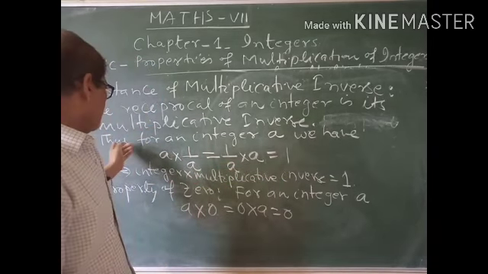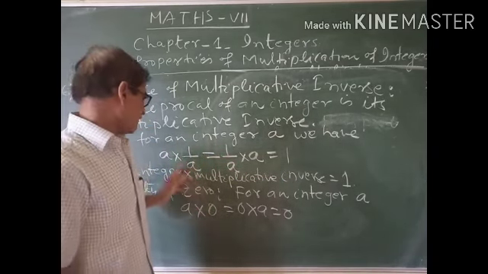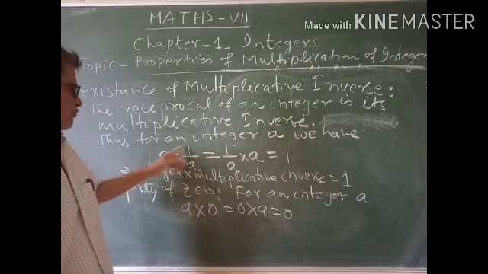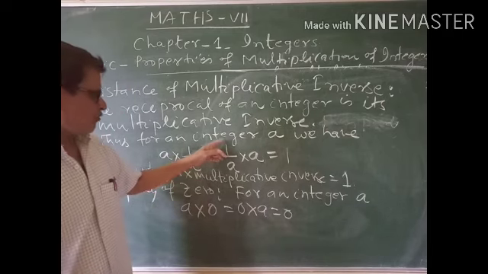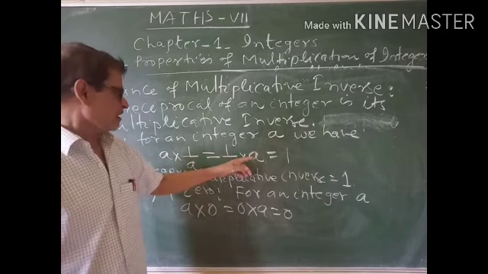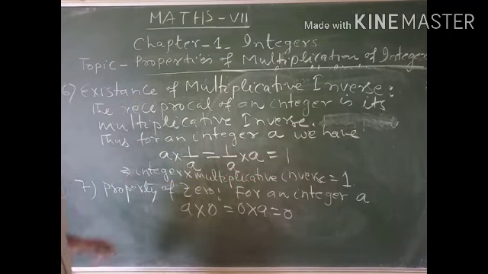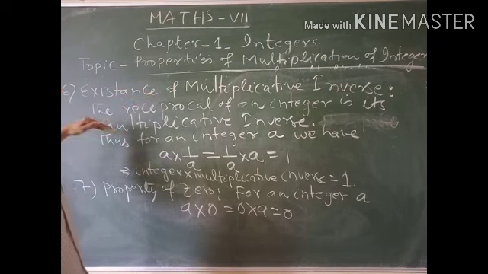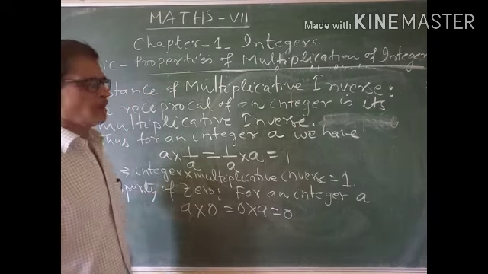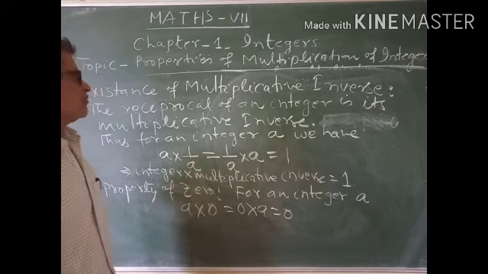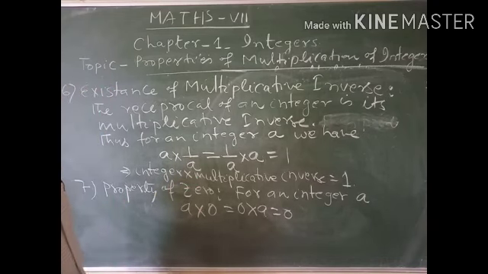Thus, for an integer a, we can write here a into 1 by a or 1 by a into a, the product will be 1. So this is how we can say the reciprocal of any number will be its multiplicative inverse.